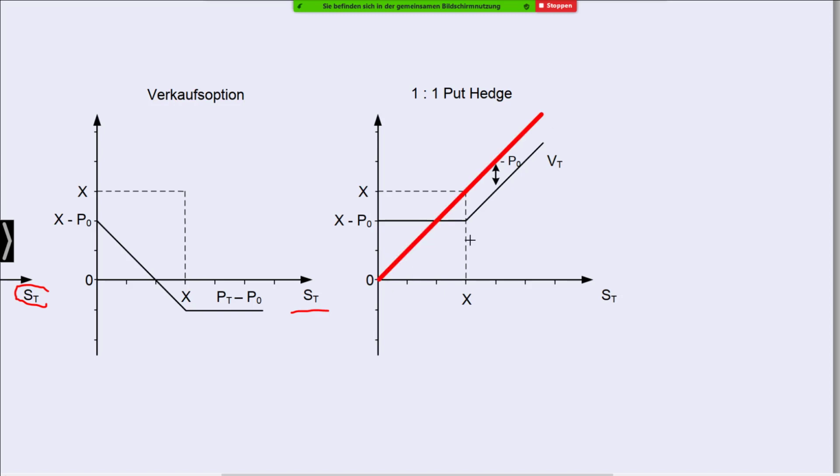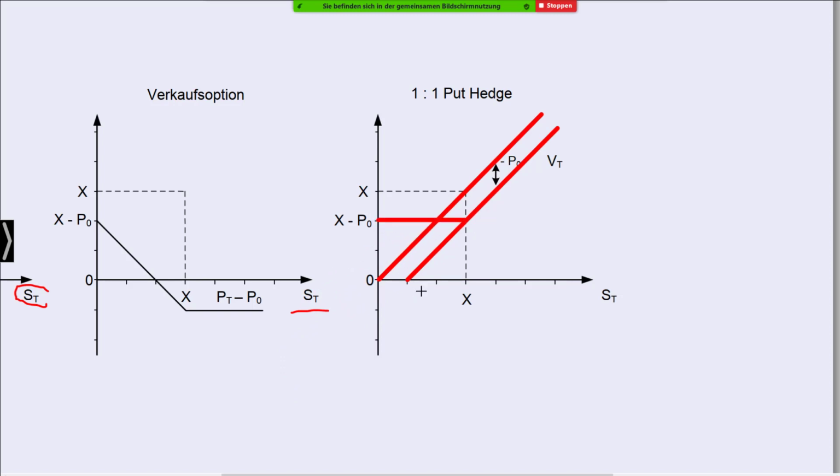Now we have to buy the put. If we only buy the put, if we were to waste this amount of money, we would get this function. But what now happens is that at the strike, now it would be like this. But because of the put option, we have a hedging effect that leads to this.